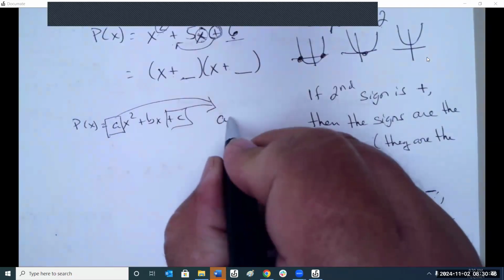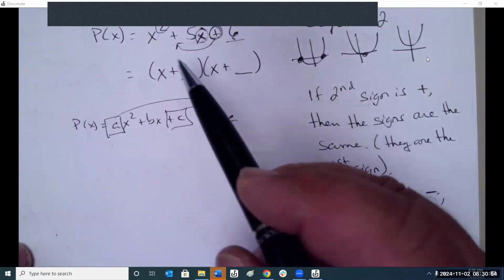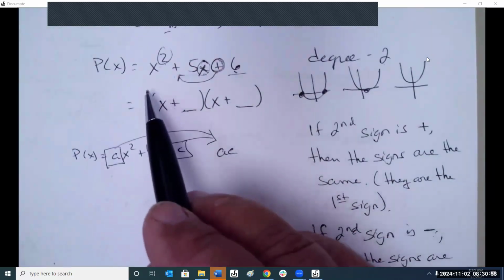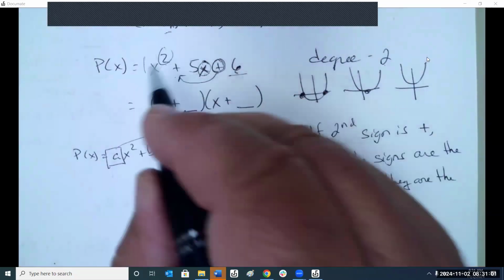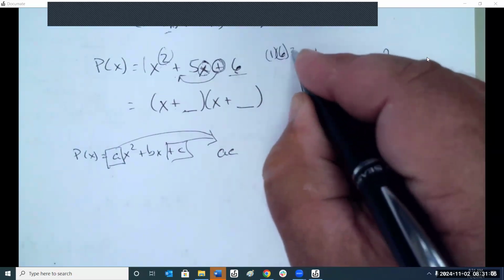Forget the signs, just the numbers. Multiply them together, A times C. So in our example up here, what's the A? What value is A? 1. 1 times 6 is 6.